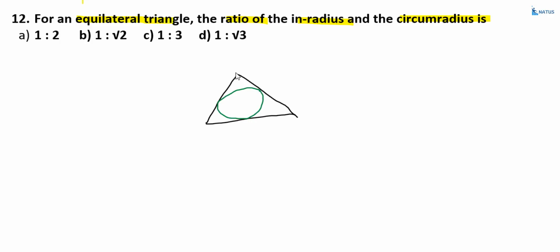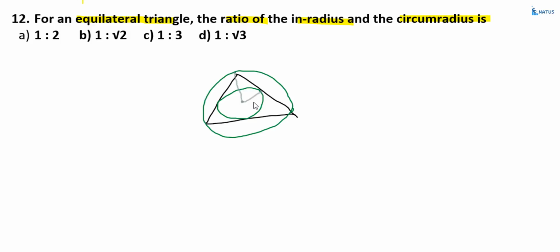The circumradius circle touches the vertices of the triangle. This is the inradius and this is the circumradius, from the midpoint to the touching point, and from this point to this vertex.